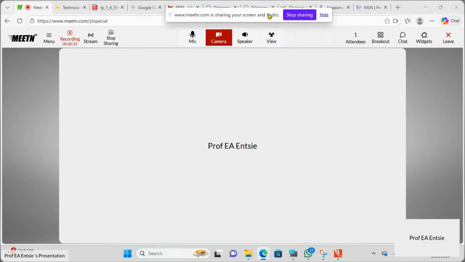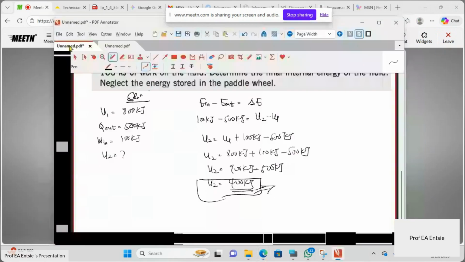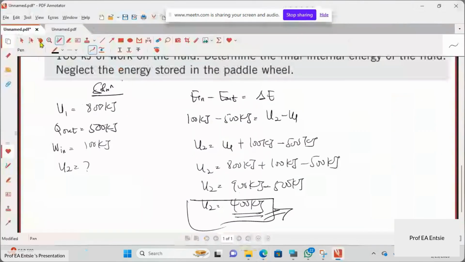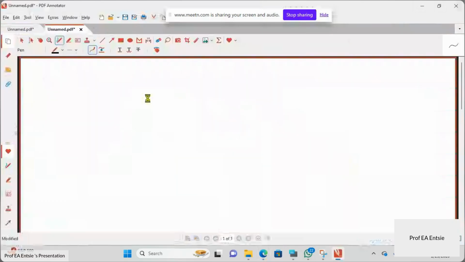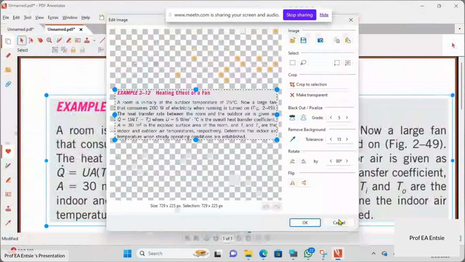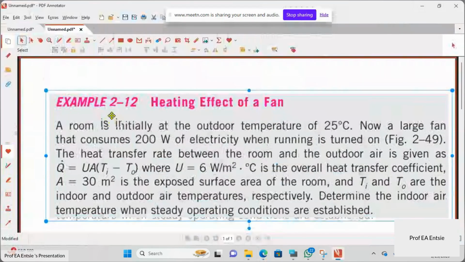The sum of that should be equal to the change in the energy of the system. This was the last example we did. So this time I have this problem here. I believe you can see.